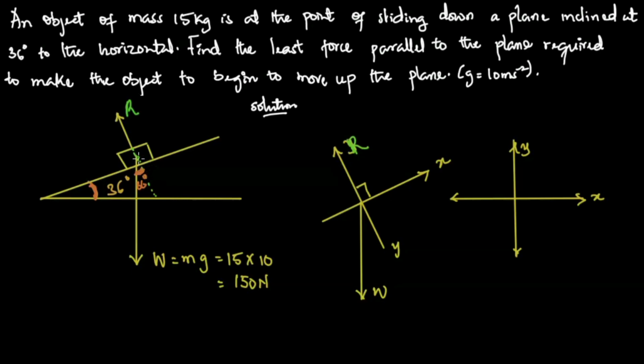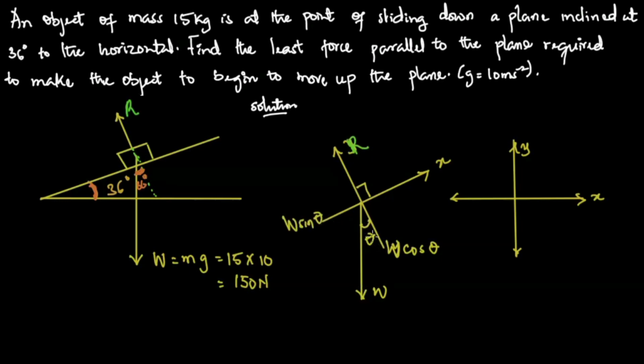So I said that the weight can be resolved to the x and to the y with respect to the plane. If I resolve this weight, let's say this is theta, to the vertical axis, which is the y-axis, I'm going to have it to be W cos theta, and if I resolve it to the x-axis, I'm going to have it to be W sine theta.